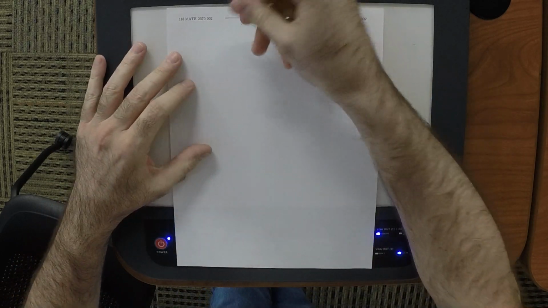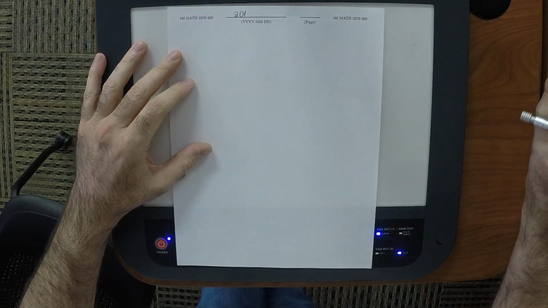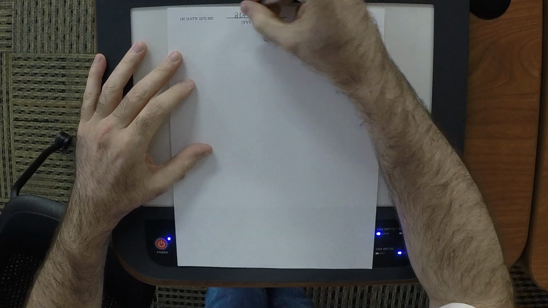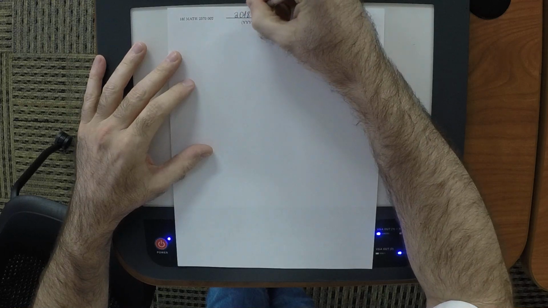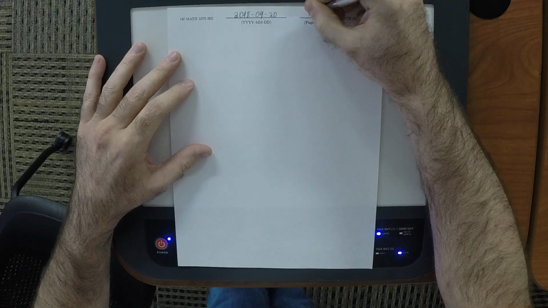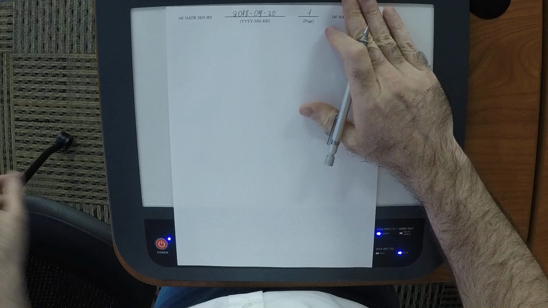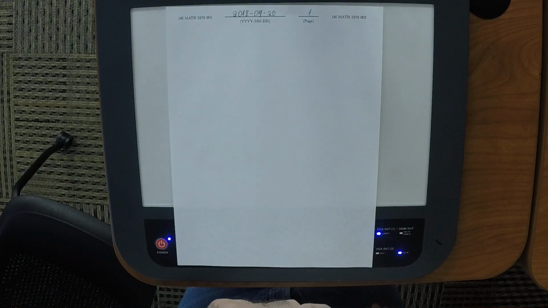And let's see, today's the 20th? That means that we're right at the equinox, right? Either today or tomorrow is going to be the equinox. What does that mean?